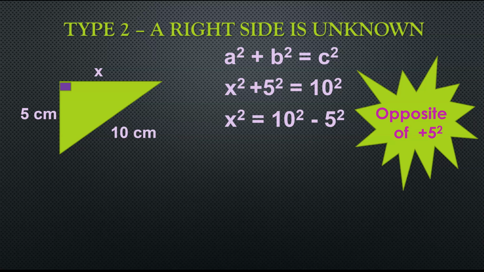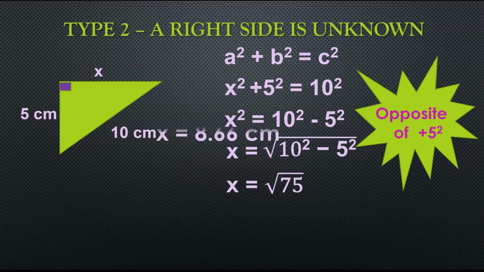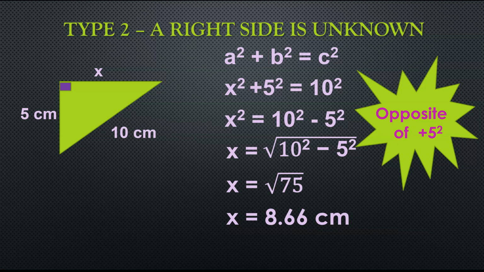And now we're back to our problem where I don't want x squared, I just want x. So the opposite of squaring, what we did last time, was square rooting. And we pop that into our calculator and we get our answer there. And that's basically it.